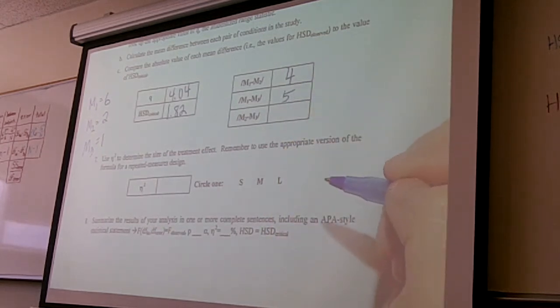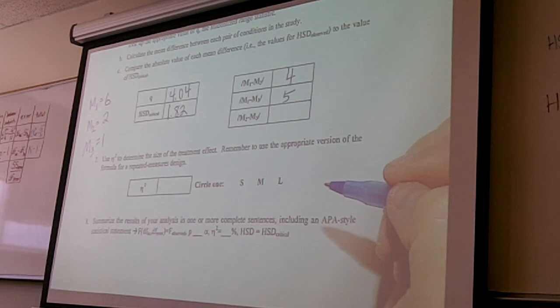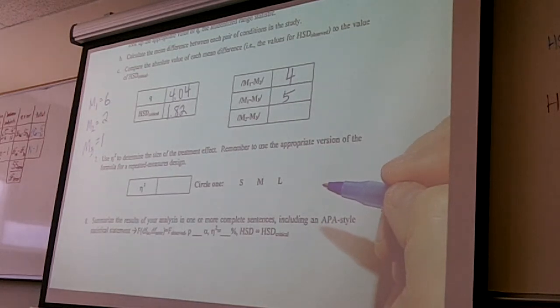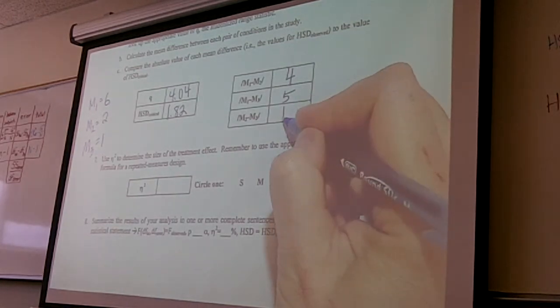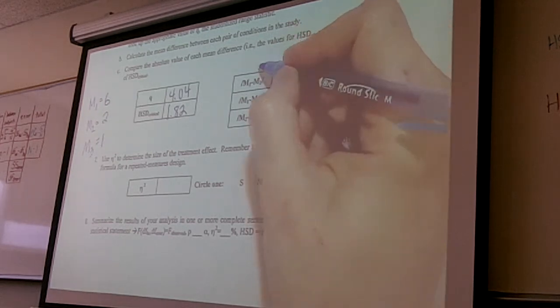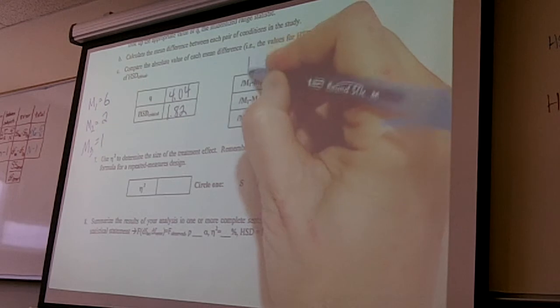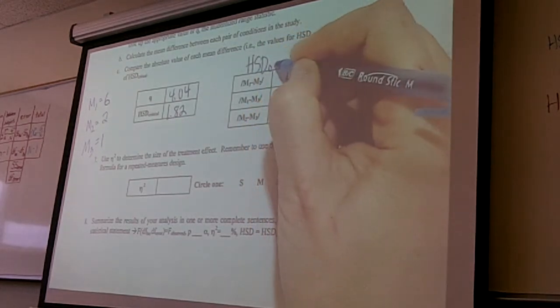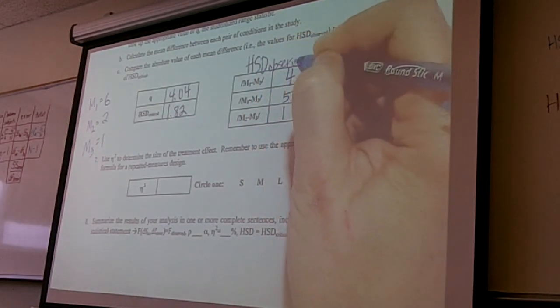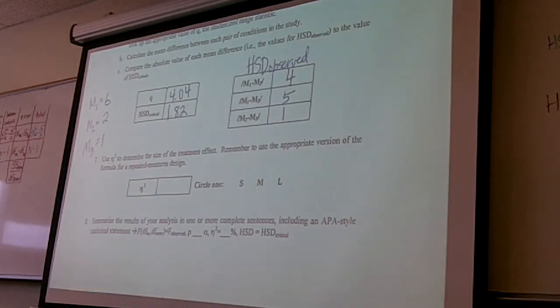Now the mean for group 2 and the mean for group 3, and that's 2 minus 1, which is 1. These values are the same thing as HSD observed. I have 3 different observed values because I have 3 different comparisons to make.